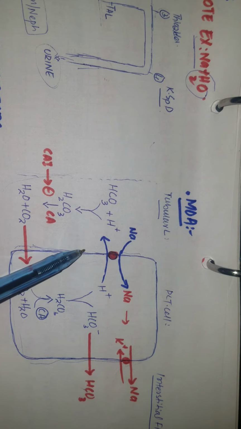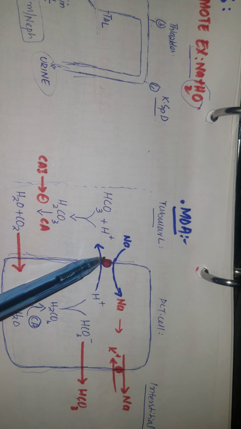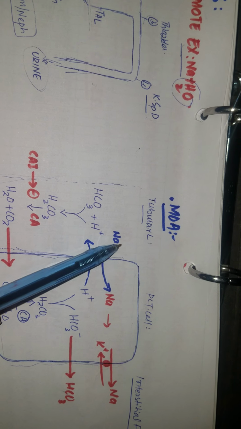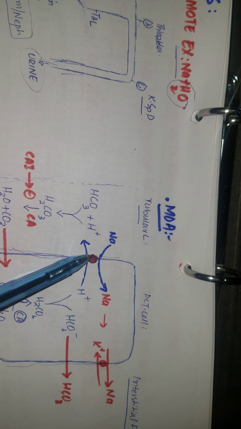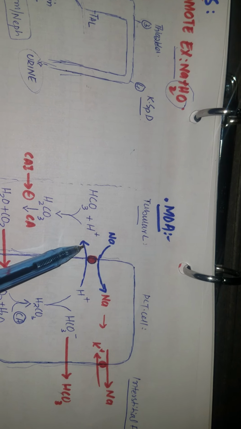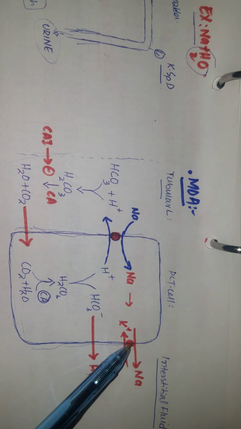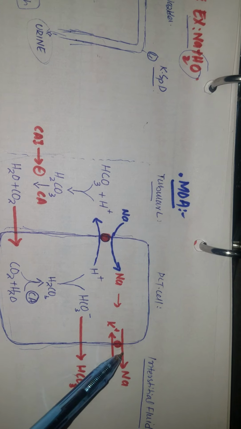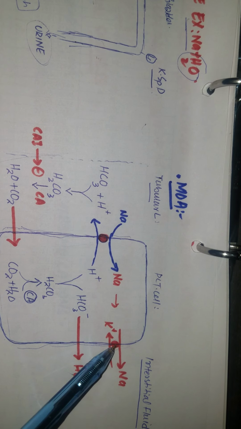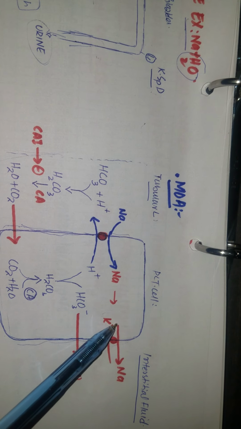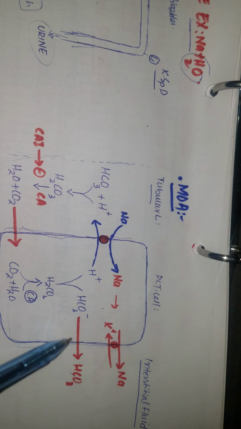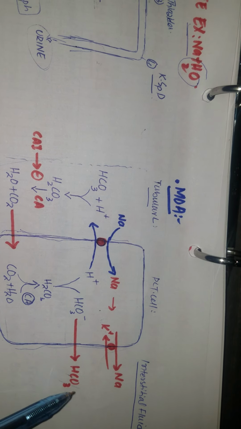At the luminal side we have a counter transporter, which transports sodium to the inside and hydrogen to the outside. On the basolateral surface we have the sodium potassium pump, which pumps Na to the interstitial fluid and potassium inside the PCT cell. There are also channels for the bicarbonate ion.